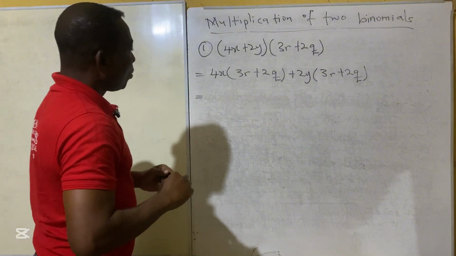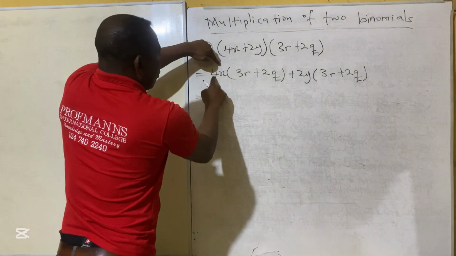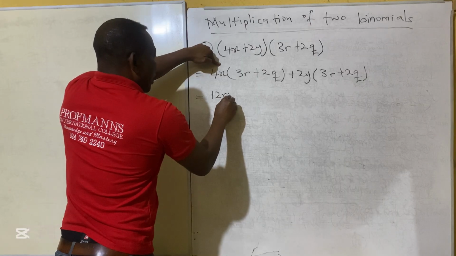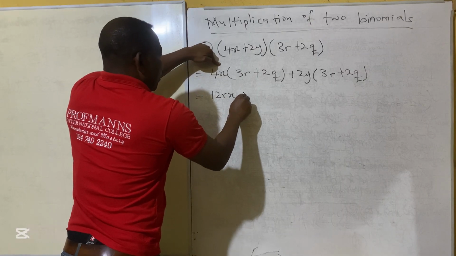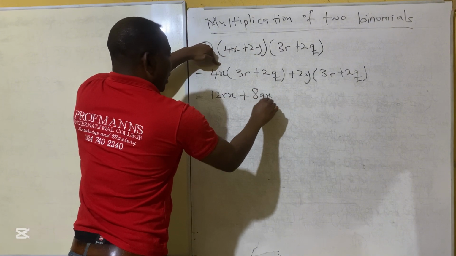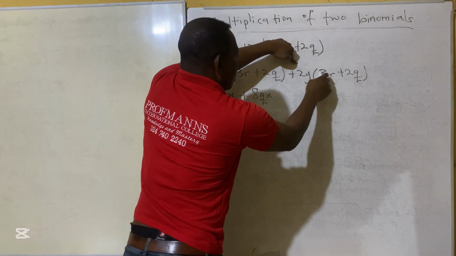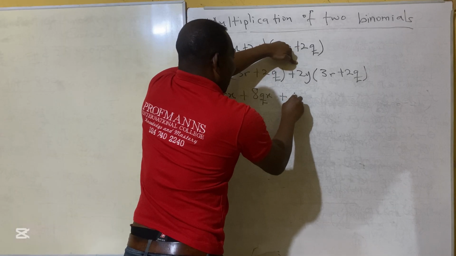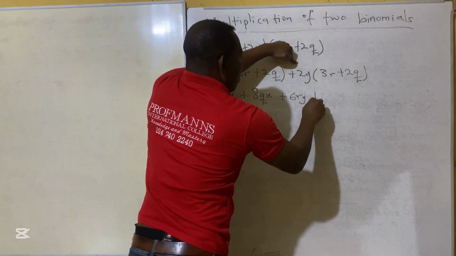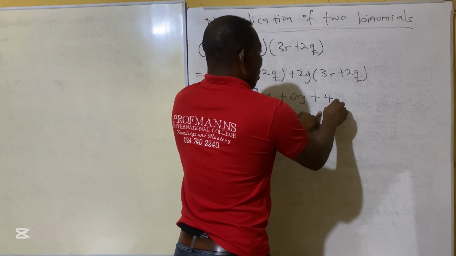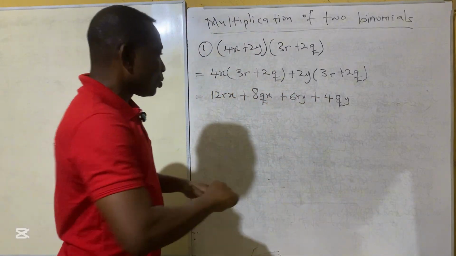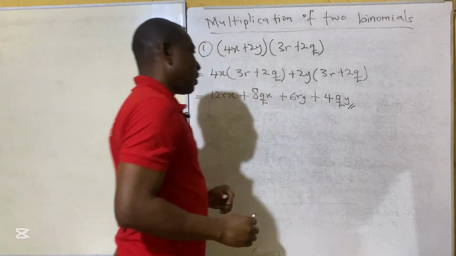So we multiply by expanding. 4 times 3, 12rx, plus 4 times 2, 8qx. 2 times 3, plus 6ry. 2 times 2, plus 4qy. So there are no like terms to simplify. So this is the final answer.